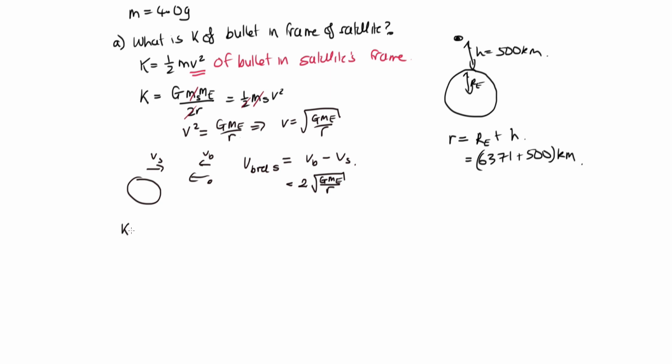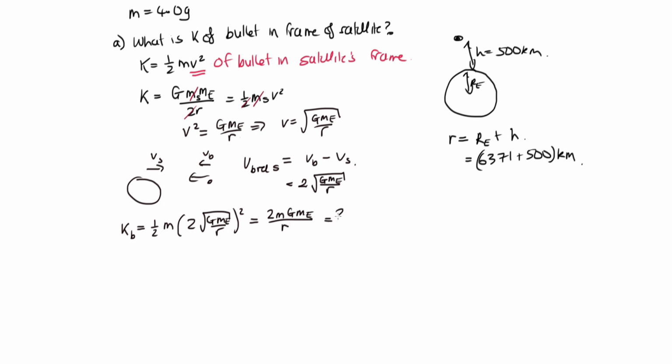So K for the bullet in the satellite's reference frame is given by a half times the mass of the bullet times 2 root GM_E on r, squared. And so this is equal to 2 m G times the mass of the Earth over r.